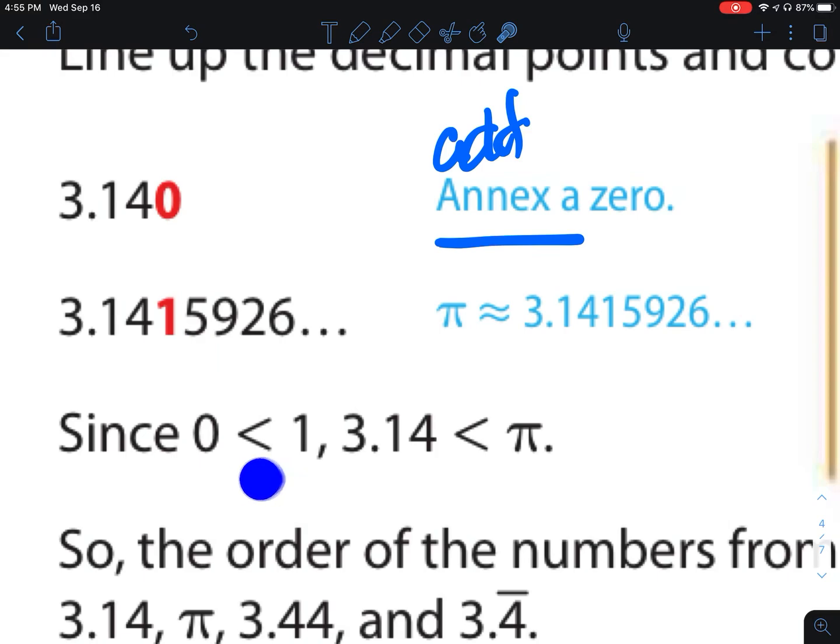If 0 is less than 1, we know that 3.14 is less than pi, because this is now the approximate value of pi, 3.1415926. So we know that 3.14 is less than pi.